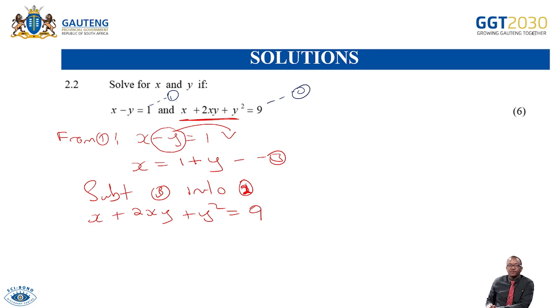Then from there, we substitute x. It means where we see x, now we're going to put what? 1 plus y. Then this one, I can write it like this. It's still the same thing.